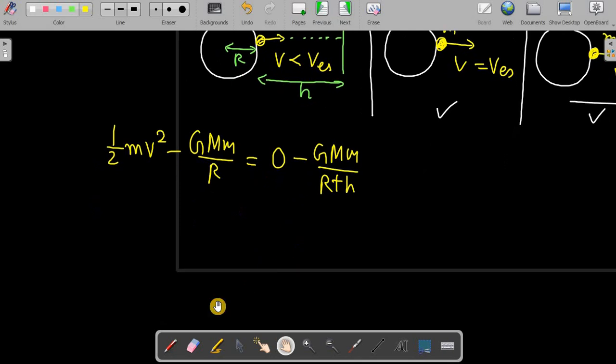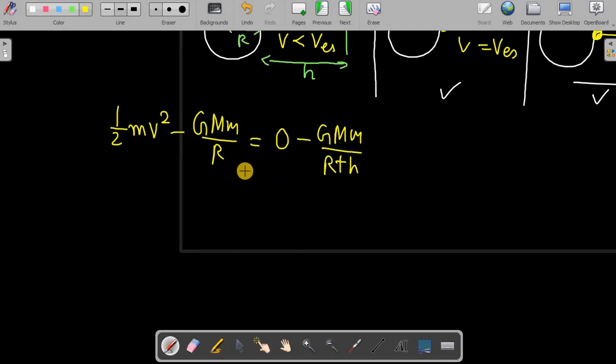From this we can solve for the height h. The small m will get cancelled.